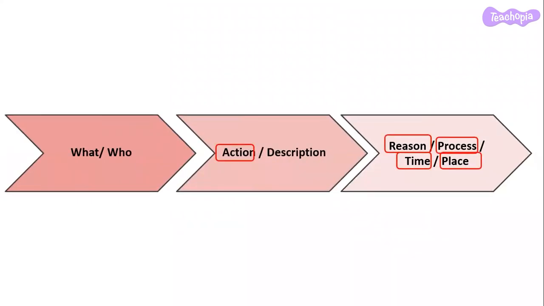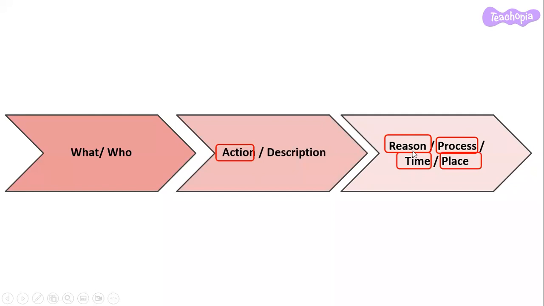Now, when it comes to an action, we can use all 3 topics here to add information. When it comes to an action, we can add information about the reason the action took place. We can add information about the process of the action. We can add information regarding the time of the action, and we can add information regarding the place of the action.